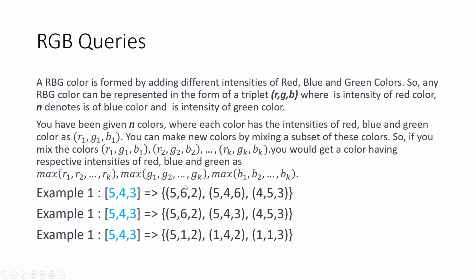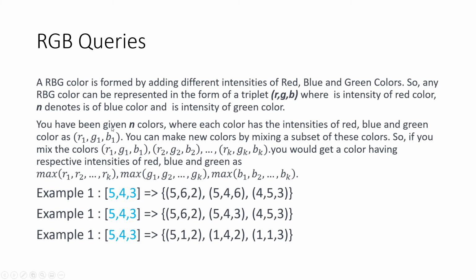For the 5 we have 2 colors in our list. If we need to create 5, 4, 3, we should only consider the colors whose red element is 5, green element is 4 and blue element is 3. The other values we don't need.